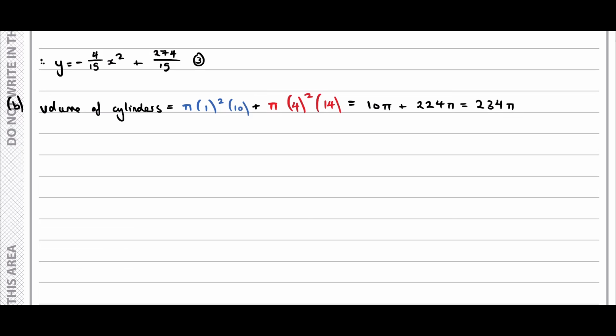Okay, and we've also got the volume of the curved bit. So the volume of the curved bit will equal pi lots of the integral from alpha to beta lots of y squared dy.